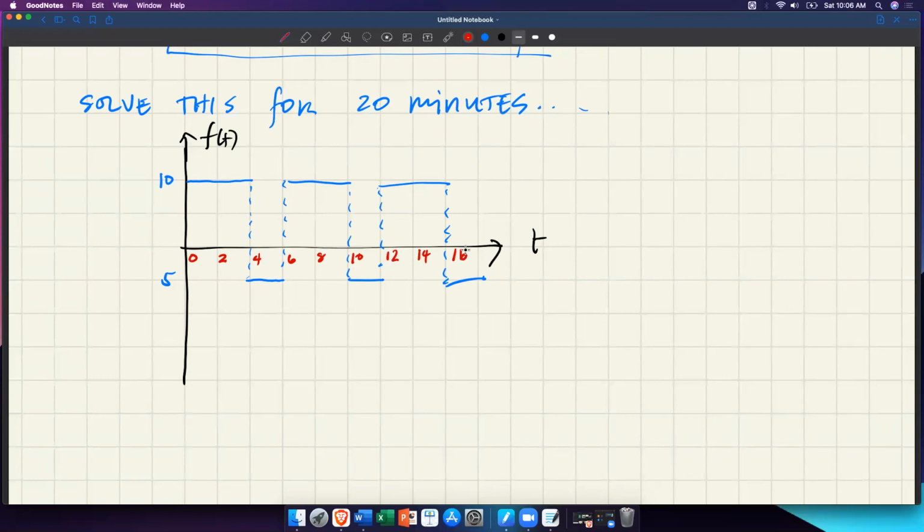Now for 20 minutes, solve for the Laplace transform of the function. Try to solve this, and I will not give you the right answer. All you have to do is solve this and then PM me your answer.